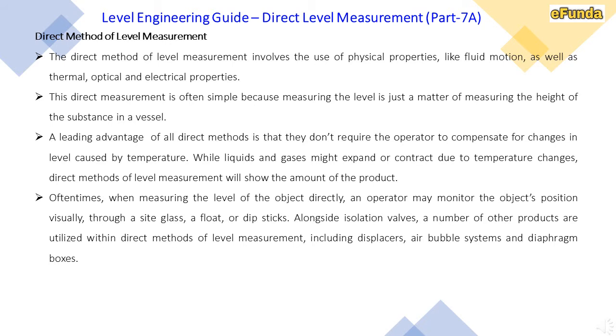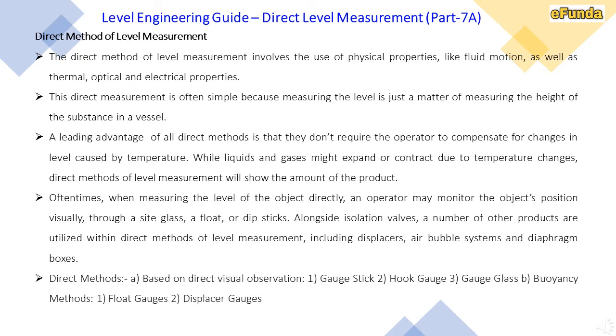Along with isolation valves, a number of other products are utilized within this direct method, including displacers, air bubble systems and diaphragm boxes, etc. The direct measurements are based on direct visual observation, gauge sticks, hook gauge, gauge glass and buoyancy methods, basically float gauges and displacer gauges. This is all about the direct method of level measurement.